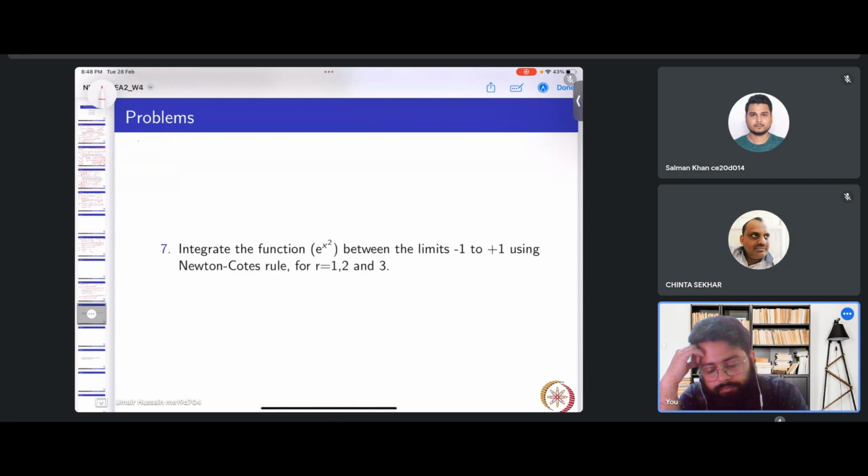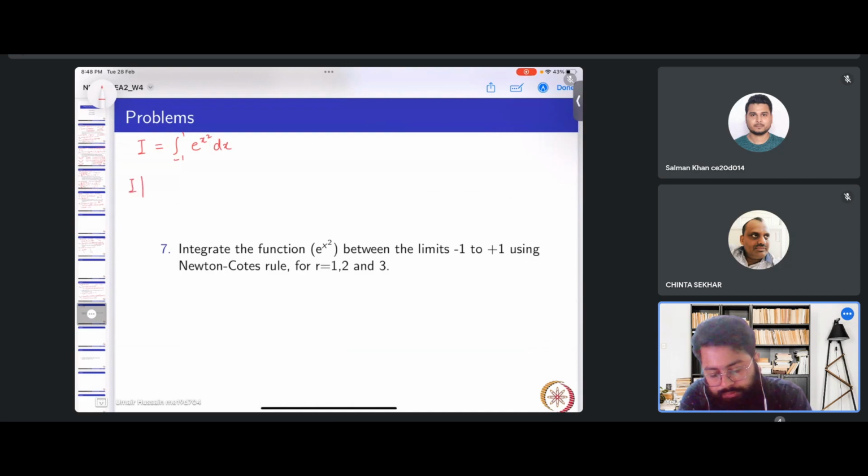So again, in the next problem we have an integral from minus 1 to 1 e to the power x squared dx. So again we will use the Newton-Cotes rule for r equals to 1, 2 and 3.